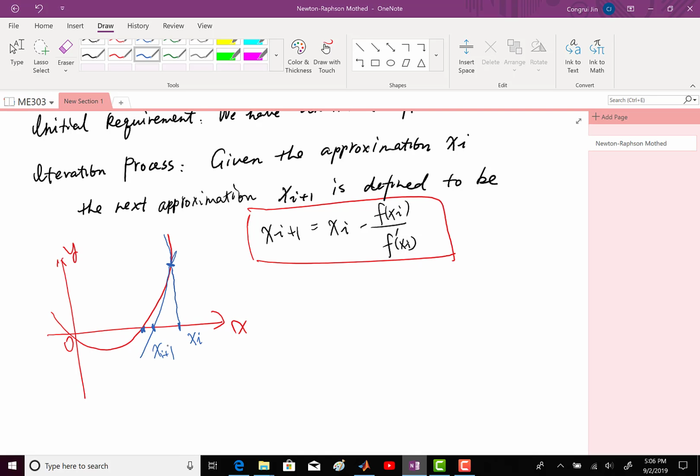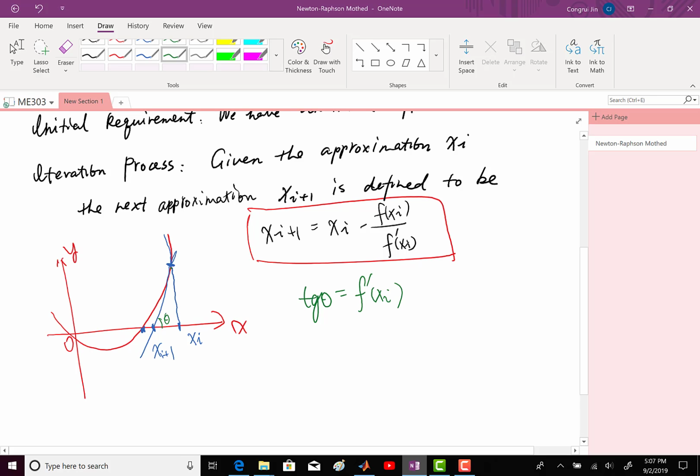Let's see how to mathematically derive the formula for xi+1. Assuming that this angle is called theta, because this is the tangent line, tan theta is equal to the derivative of f(x) at the point x equal to xi, so it's f'(xi).